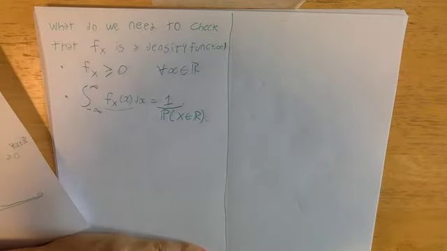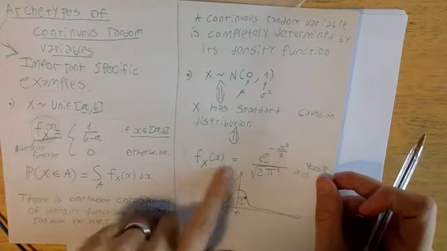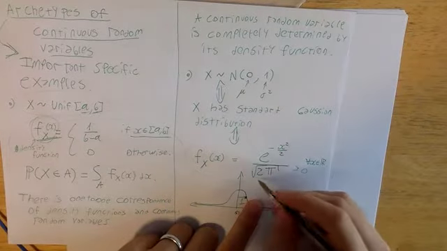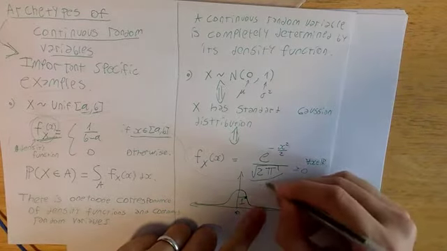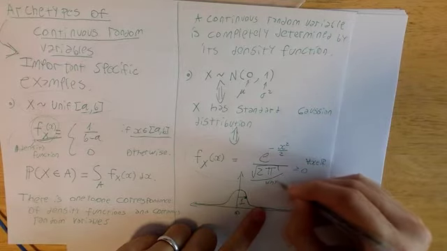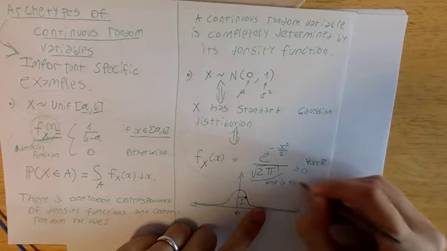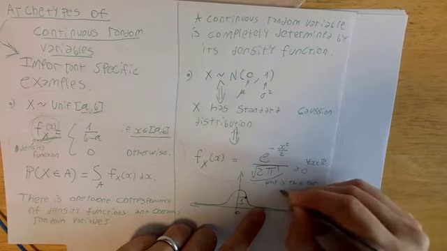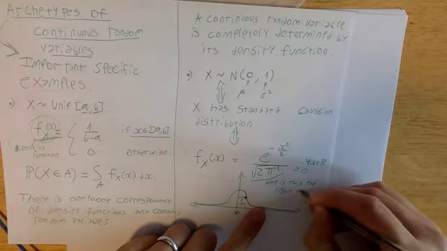So how do we calculate that? How do we actually realize that this is the right normalization constant?